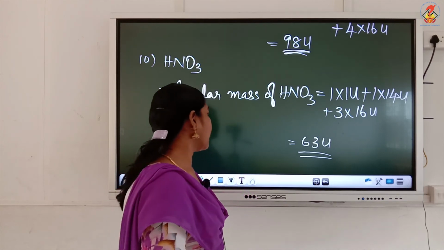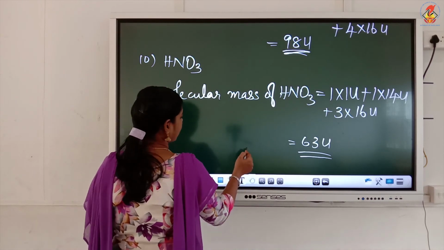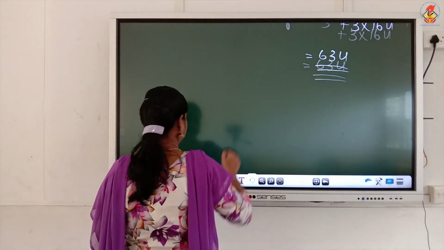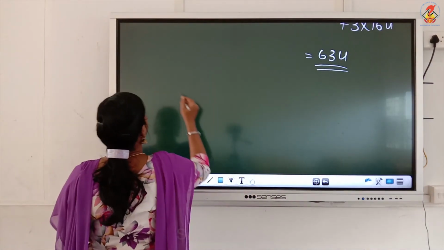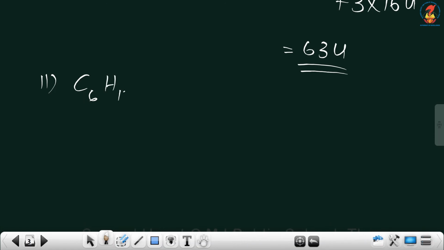We can see how to calculate the molecular mass of glucose, one complicated one. Glucose is C6H12O6.